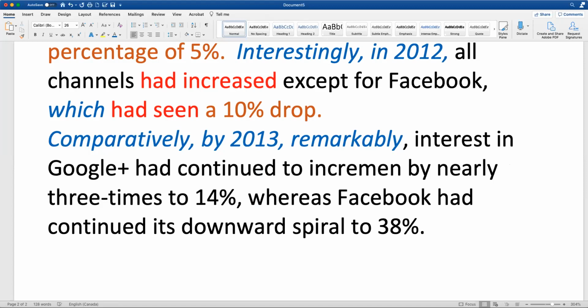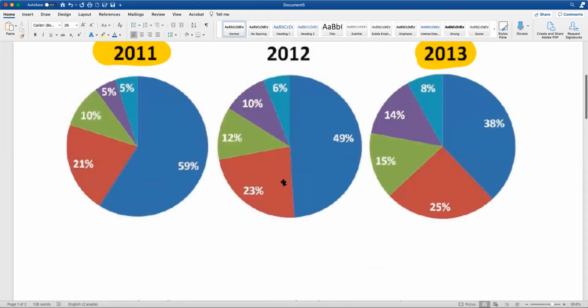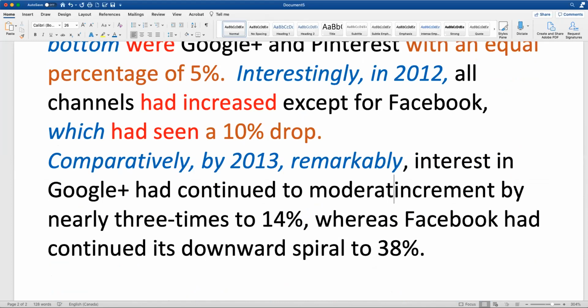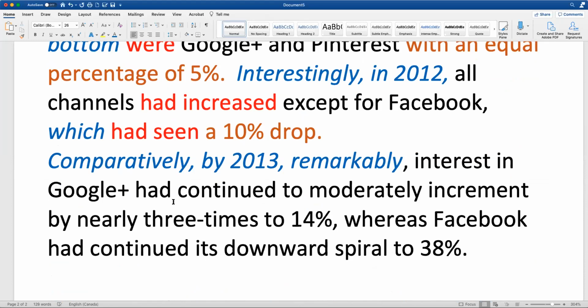We did mention something about it already. Let's also put moderately. It's not so much, not so little. Moderately. Not marginally, not dramatically. Right. By nearly 3 times to 14% is our stat here.